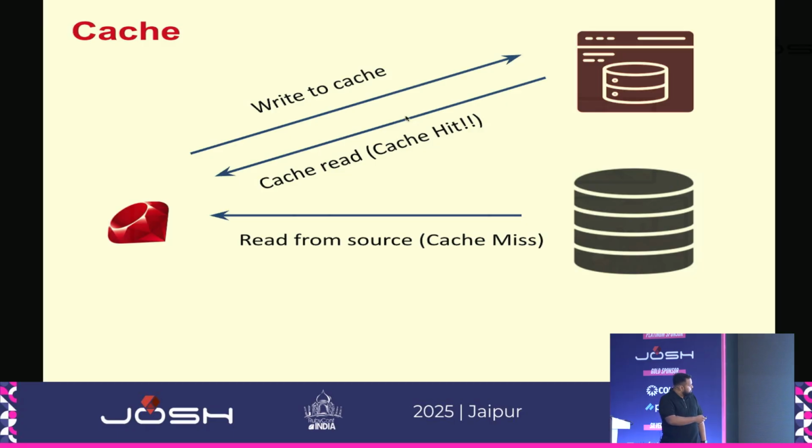In the ideal scenario, you would have written to the cache, and the next time you try to retrieve it, it would read from the cache. That's a cache hit. That's what we love, the whole point of the cache. If it doesn't find it, maybe because you never wrote to the cache, or you wrote to it at some point, but it's not frequently used, so it's not there anymore, that's a cache miss.